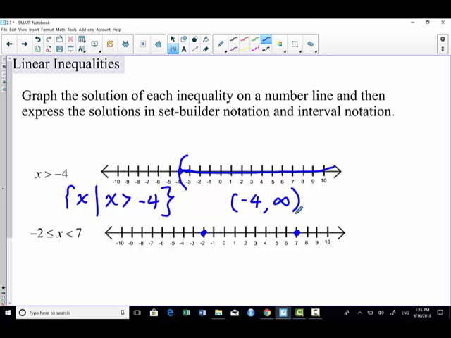The left part of this inequality is negative 2 less than or equal to x, which is the same as x greater than or equal to negative 2. They are equivalent. So you are graphing the inequality x greater than or equal to negative 2. So you're going to shade the part that is to the right of negative 2.